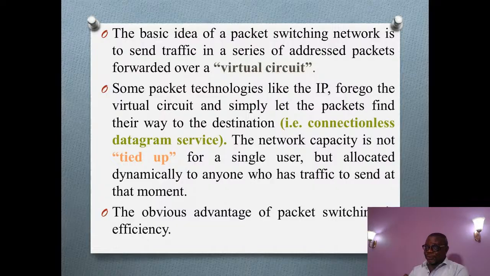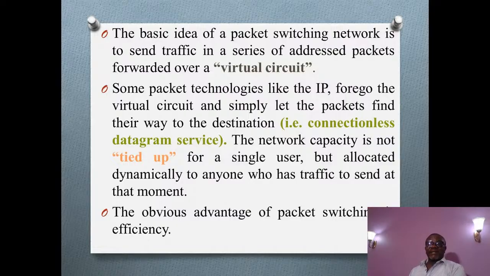The data sent in the packet switching network has the address information appended to it. So when that is done, all the packets will continue to go to the destined address in a particular route, as if there is a circuit connecting the two points, which we call the virtual circuit, because in real sense, there is no circuit connecting the two points.